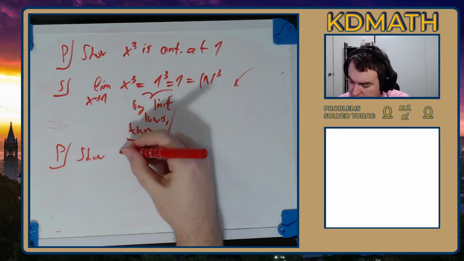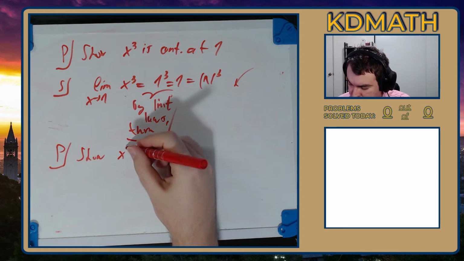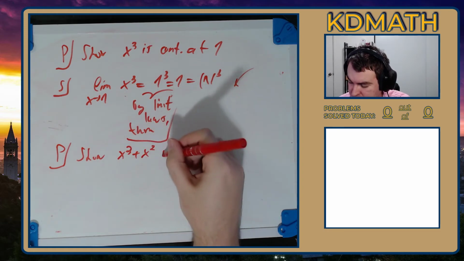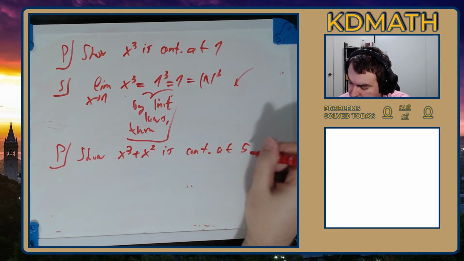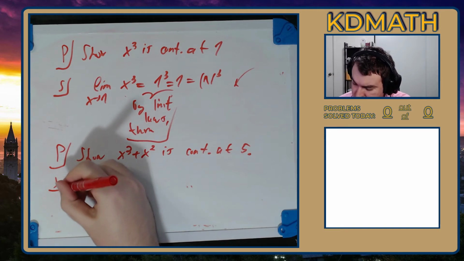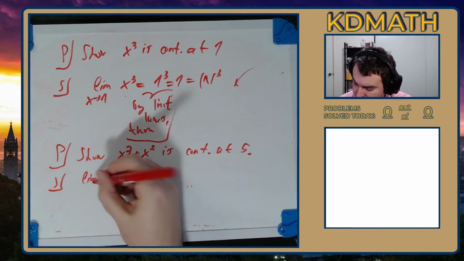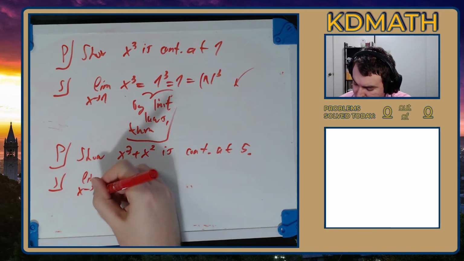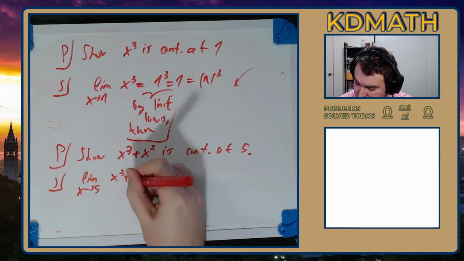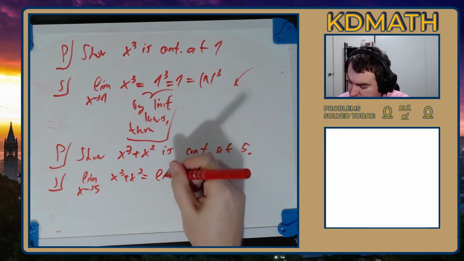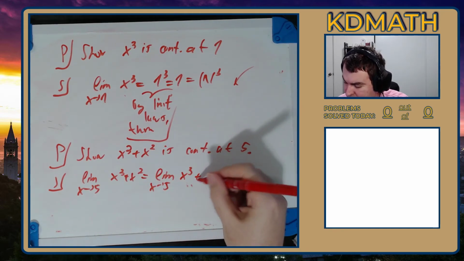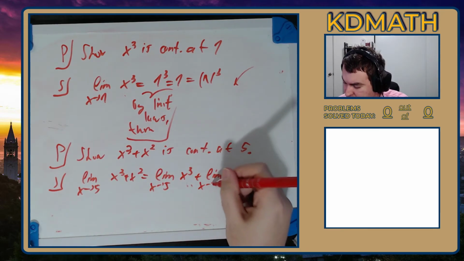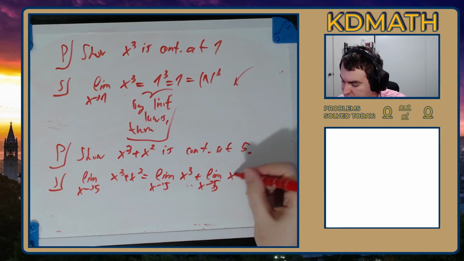Show x cubed plus x squared is continuous at 5. Solution: the limit as x goes to 5 of x cubed plus x squared equals the limit as x goes to 5 of x cubed plus the limit as x goes to 5 of x squared.